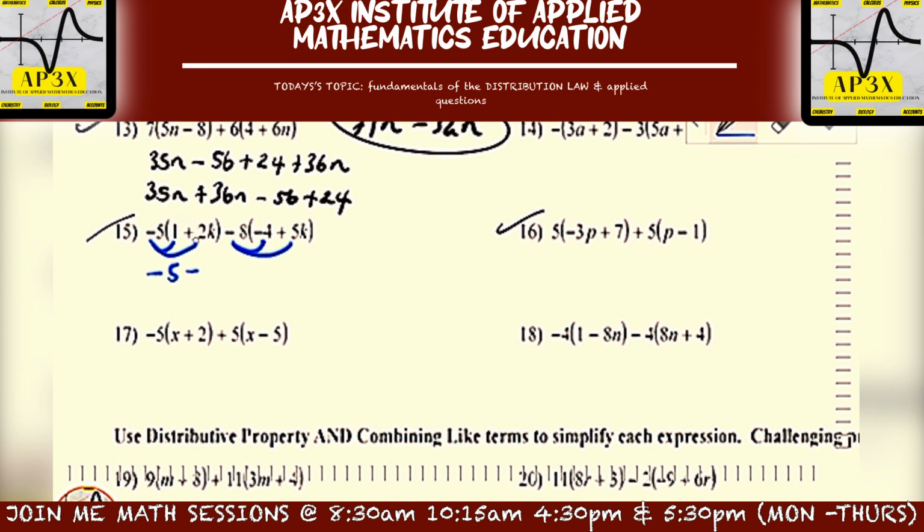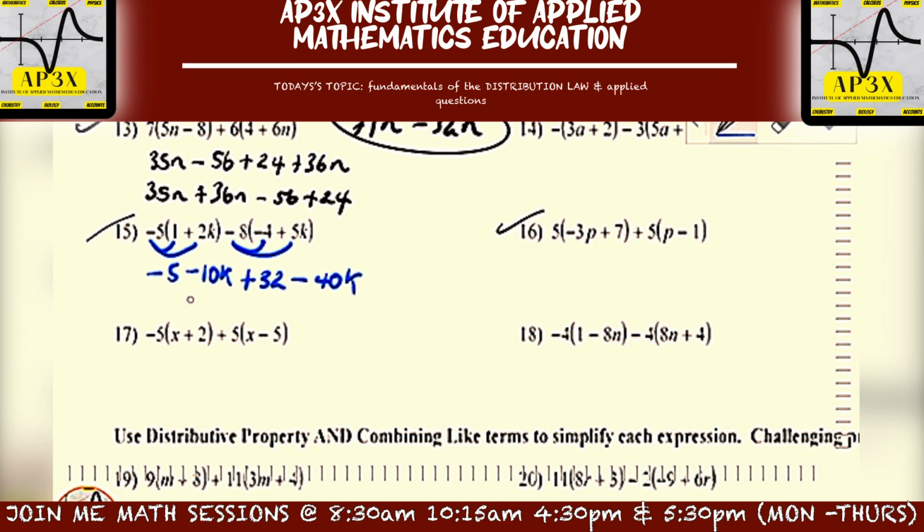The minus outside affects the sign inside, so that's minus 5 times 2 is 10k. Next we're going to be distributing the minus 8, so minus 8 times minus 4 is positive 32, and negative multiplied by a positive gives us a negative here. 8 times 5 is 40k.